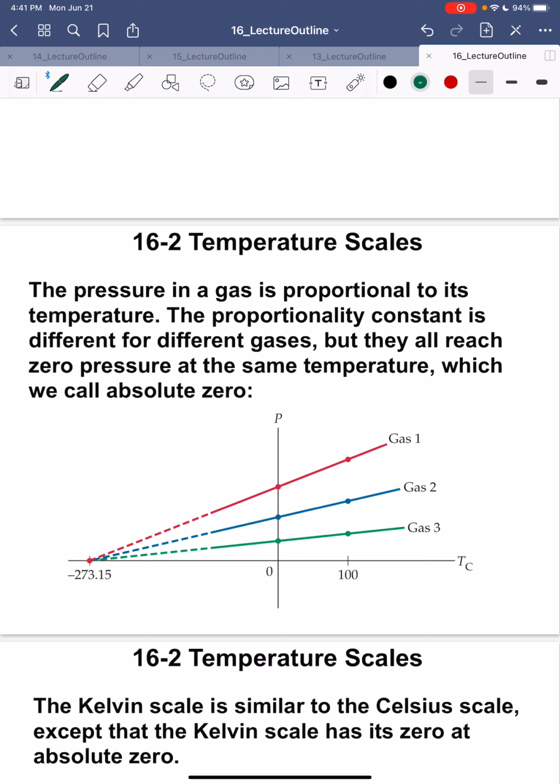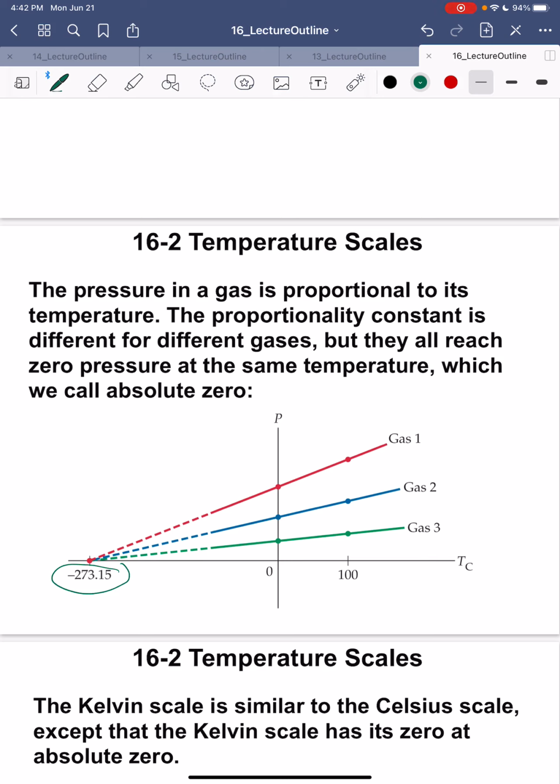And they tried gas 1, gas 2, gas 3, and apparently, of course, there is a direct relationship between pressure and temperature. And they all reach zero pressure at the same temperature, and that temperature was negative 273.15.